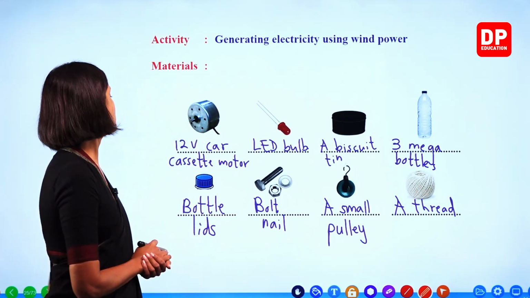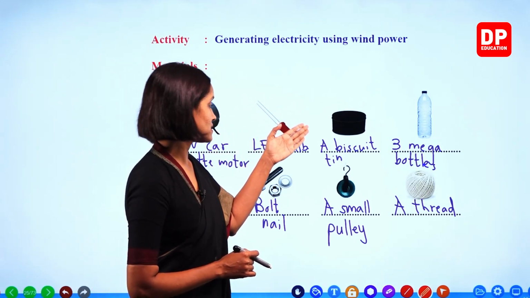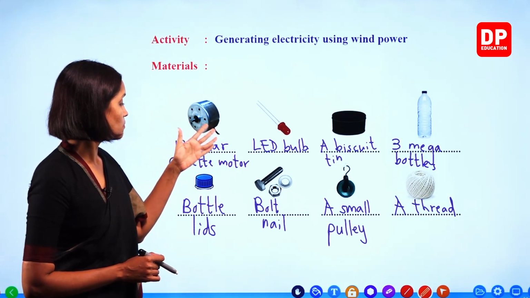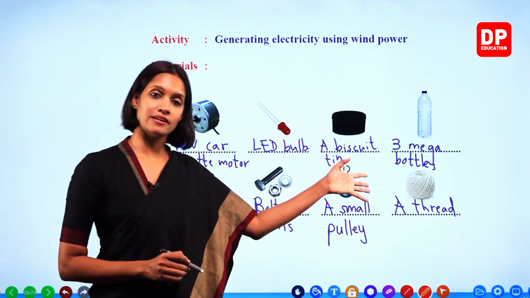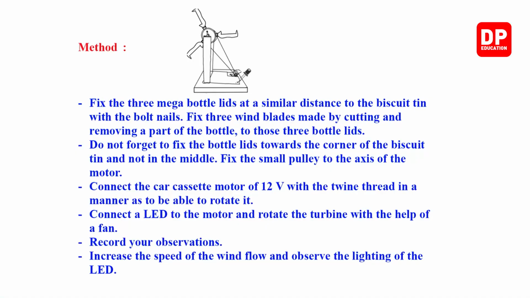Right, children? We need a car cassette motor, LED bulb, a biscuit tin, 3 mega bottles, bottle lids, bolt nails, a small pulley and a thread. Okay? Let's see how to do this activity.